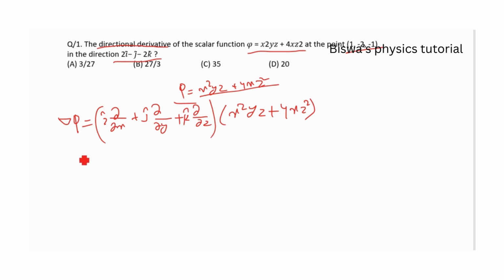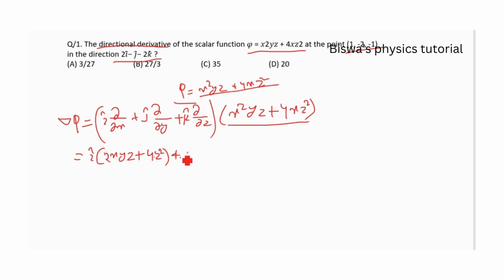So first i cap. Take the derivative of this function with respect to x. This becomes 2xyz because yz is constant, plus here only x, and 4z square is constant, so dx by dx is 1, so it's 4z square.